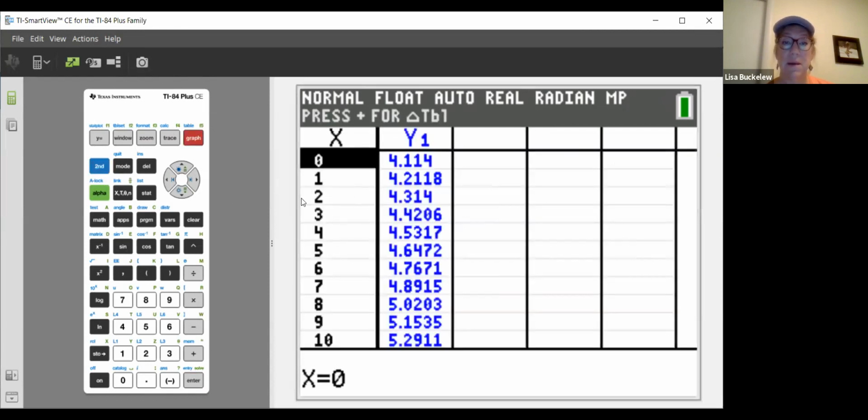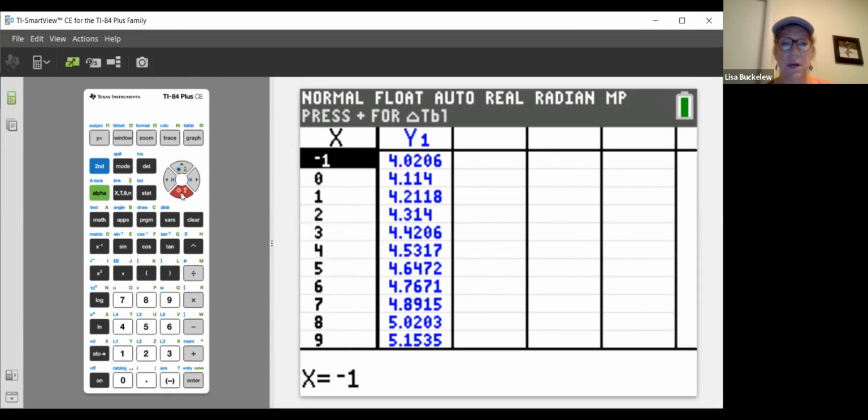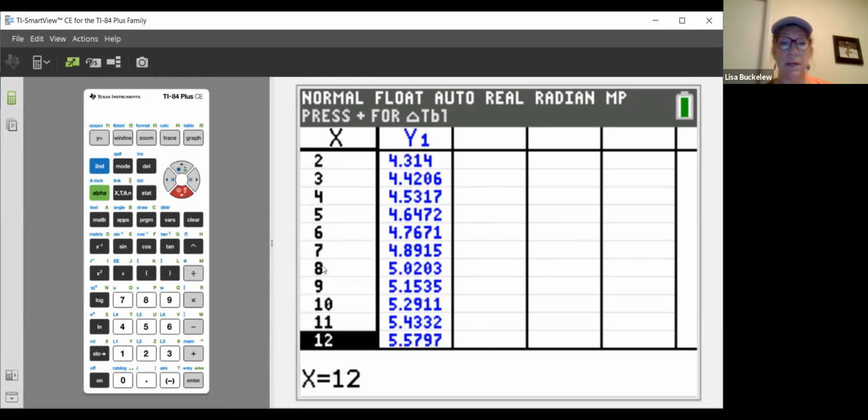Okay, so my table, if you go to the table up here over the graph, so you hit the blue second function button. If it's already set up to where you can see all the numbers, that means it's already set up to automatically calculate the values in whole number increments for X, which since it says round up to the next year, I think that's all that we need.